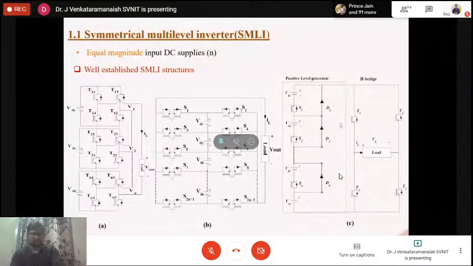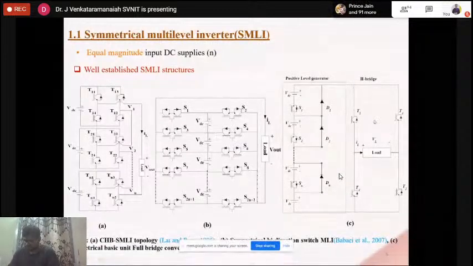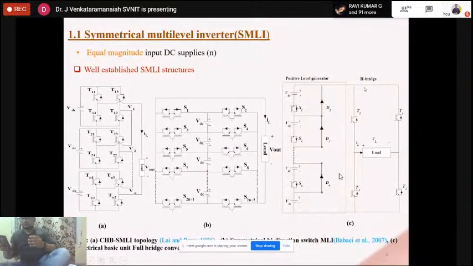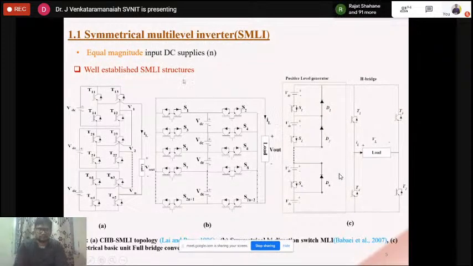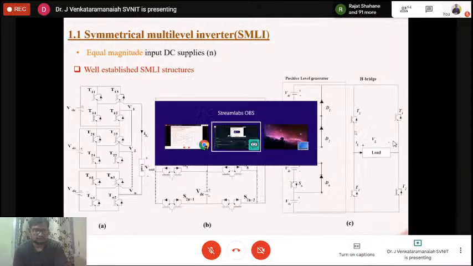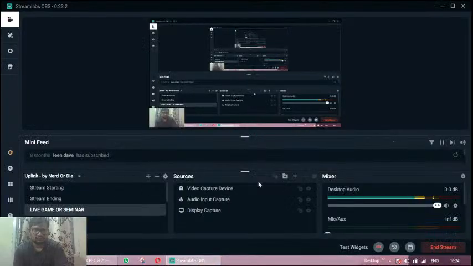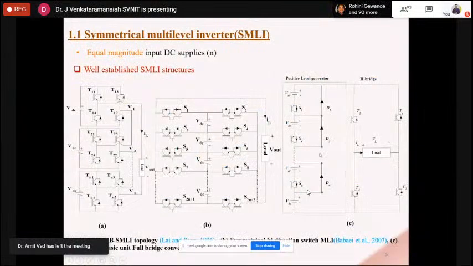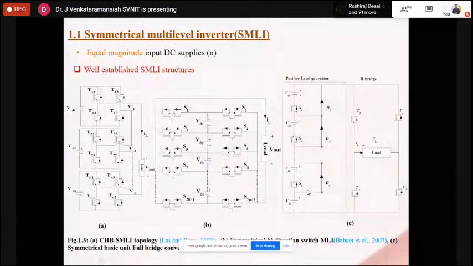So this is the recent time topology. Here there are two parts. Instead of having so many H bridges, the author introduced only one separate H bridge, and he cascaded a positive level generator.